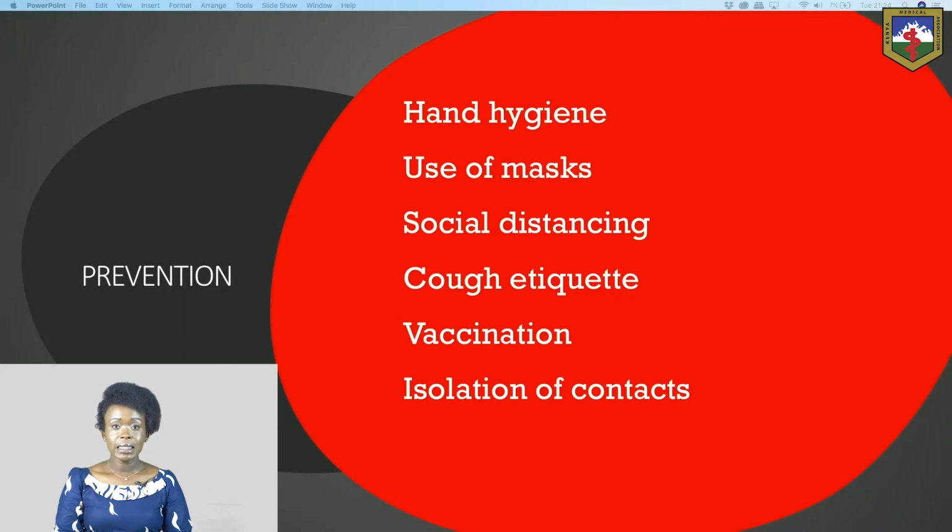We have seen a number of trials that are going on now, and we hope that we shall find some of the vaccines even in our country. Already, from the information that we have, some of the vaccines are being administered in some countries. Last but not least, one of the other preventive measures is to isolate the contacts.